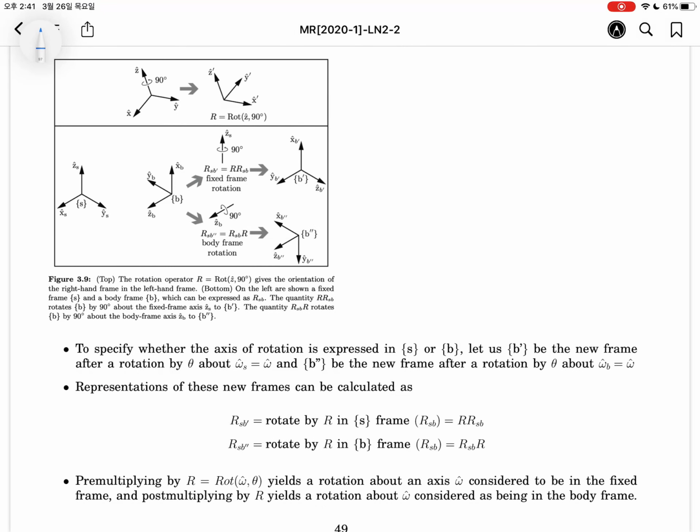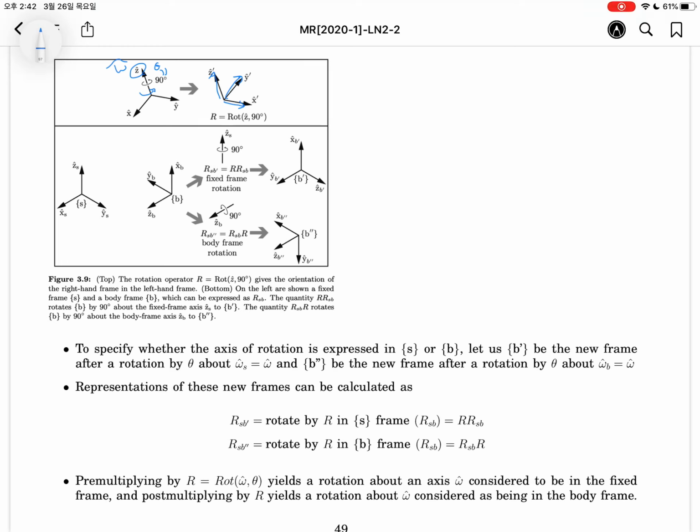Okay, let's assume that omega hat is defined as the z-axis, and the rotation angle is 90 degrees. So let's apply it. Then we can get the new description of a reference frame.